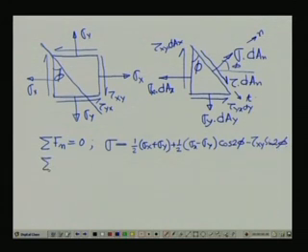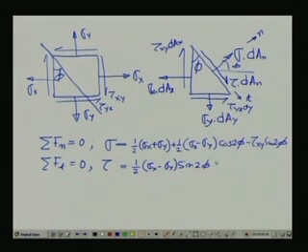Similarly, the summation of forces in the tangential direction equals 0 yields that shear stress tau equals half of sigma x minus sigma y into sin 2 phi, plus tau xy cos 2 phi.